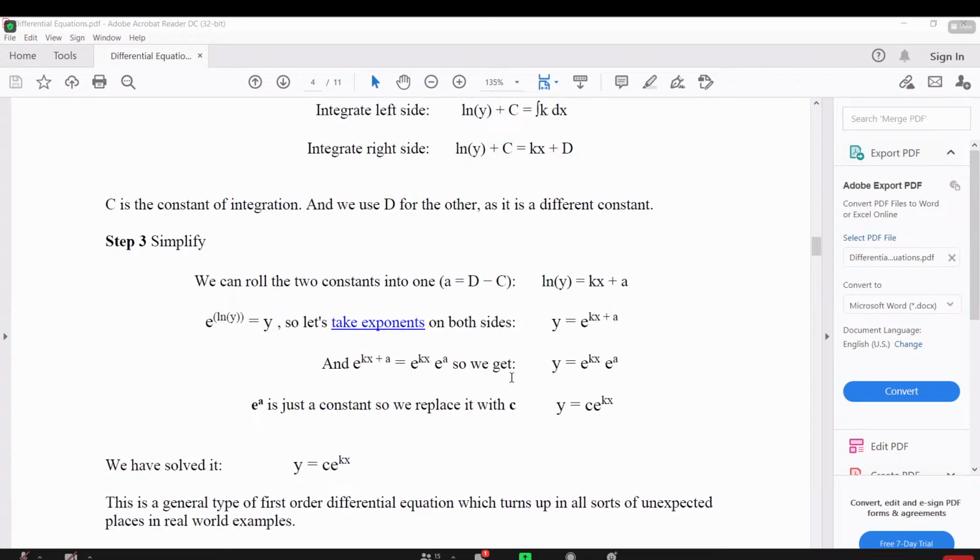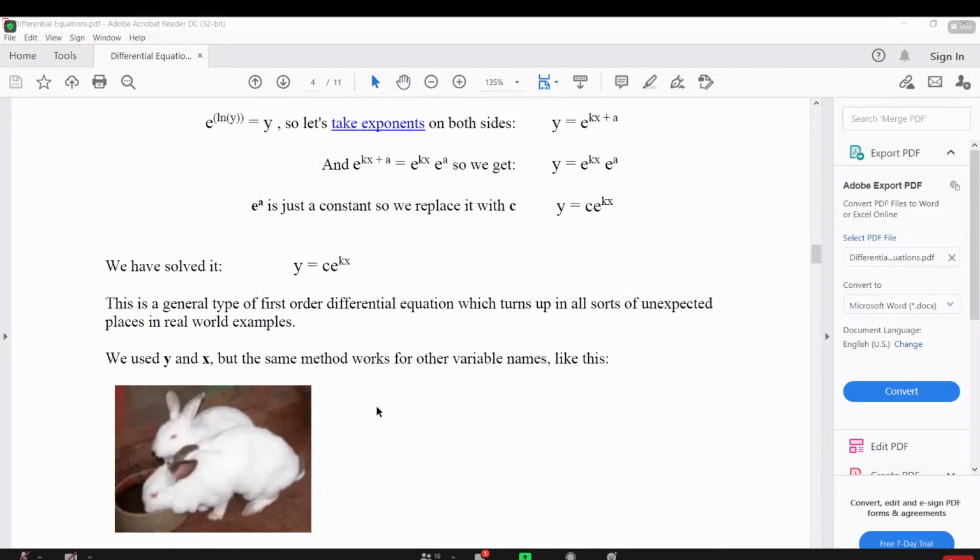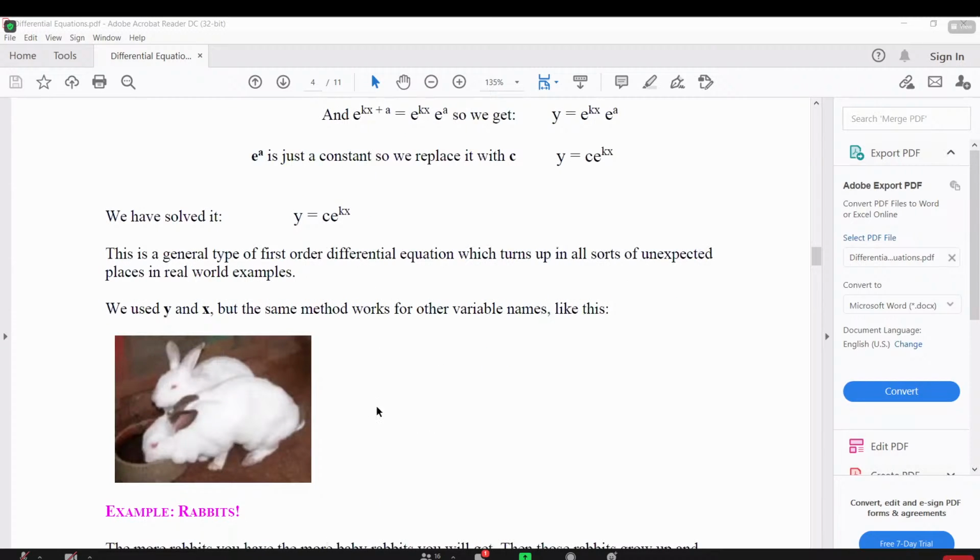You can go through it and try to understand it, but for examination purposes, you can stop up here, or even here. You don't need to go further and remove ln and e and all that kind of stuff. But you'll see it in the examples anyhow.